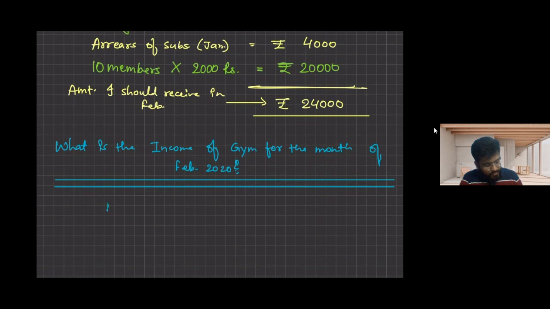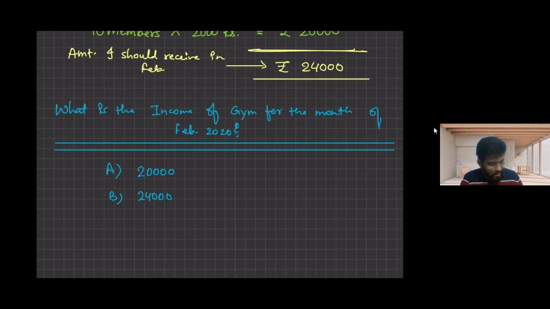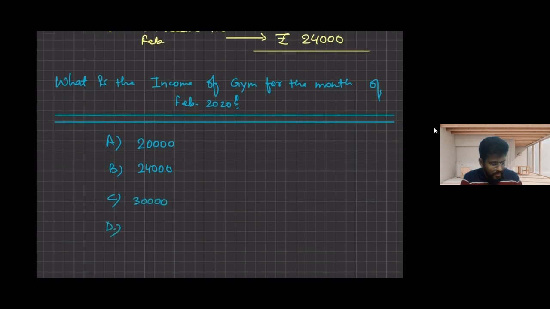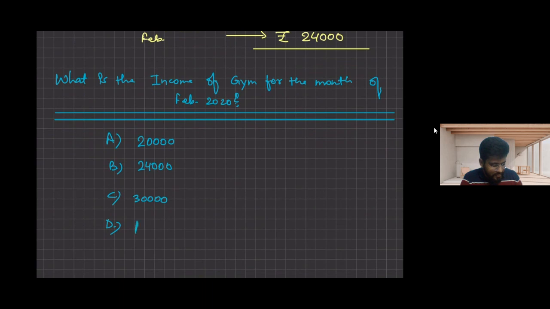I will give you some options. Option number A, 20,000. Option number B, 24,000. Option number C, 30,000. And option number D, 16,000. Come on, everyone. Answer me. What is the correct option? A, B, C, or D?